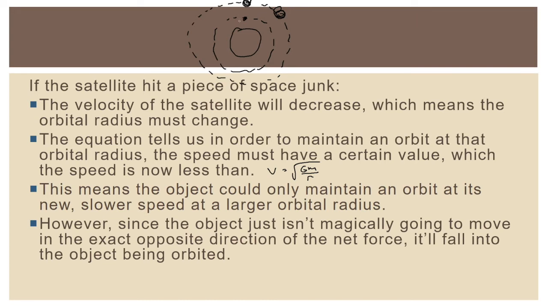And so basically, because it can't be here going that slow, the only way it could possibly be going that speed is to be out here. But since moving out there would require the object to move in the exact opposite direction of the net force, it's not going to do that. The net force is just going to take over and the object is going to crash into the planet.